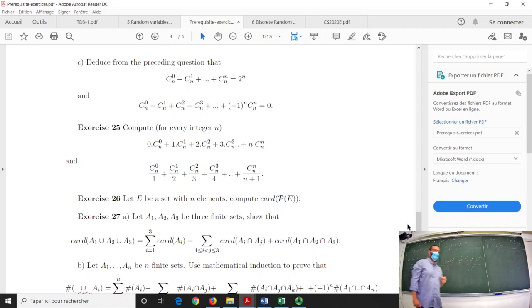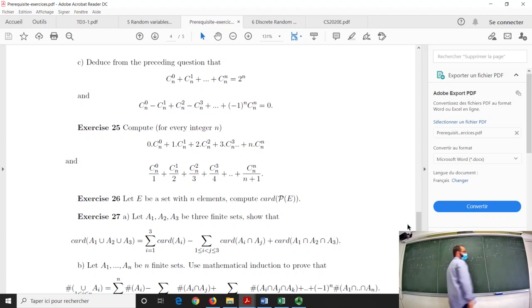The derivative of u to the power n is equal to n u prime u to the power n minus 1. So the derivative of f is just n times the derivative of what I have inside, that is equal to 1, and so I have n times (a plus b) to the power n minus 1.